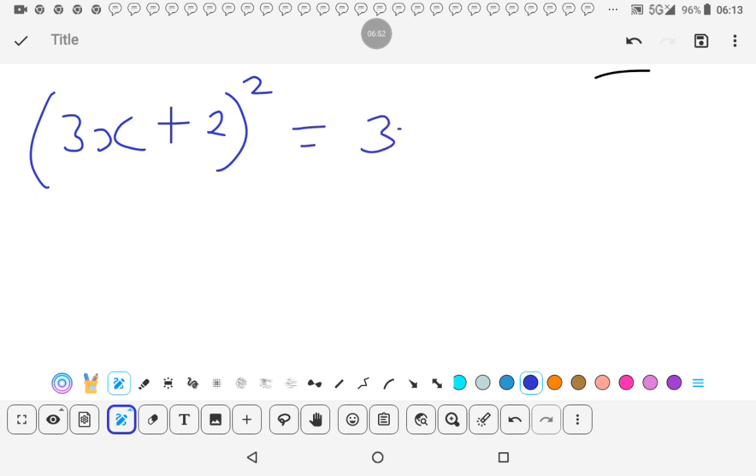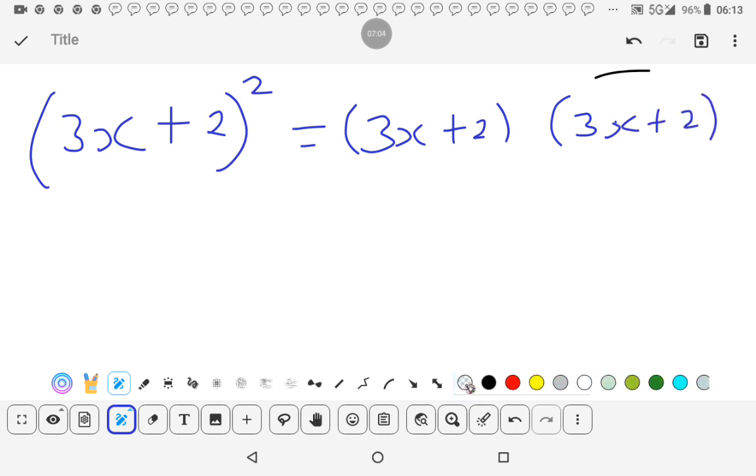You have 3x plus 2, it will multiply itself, 3x plus 2. Then the next thing you have to do is to take the first number and multiply everything of the other bracket. Take the first number here and multiply everything here.